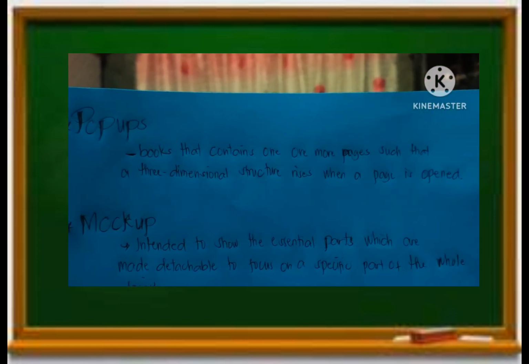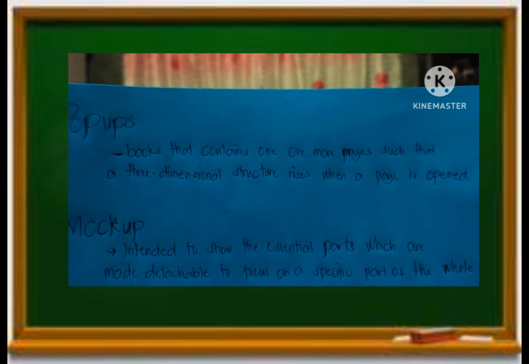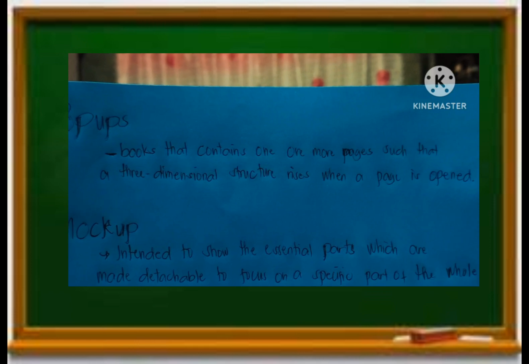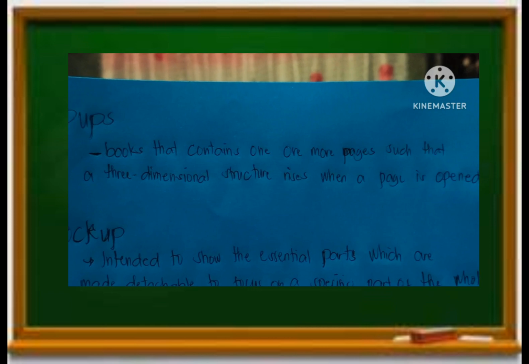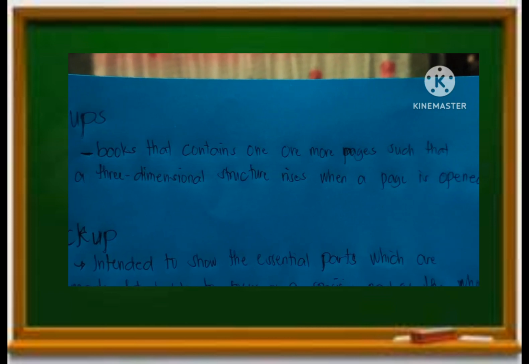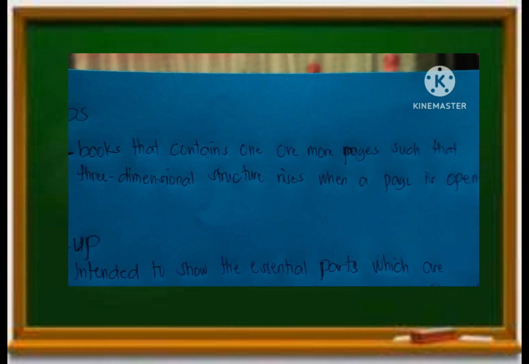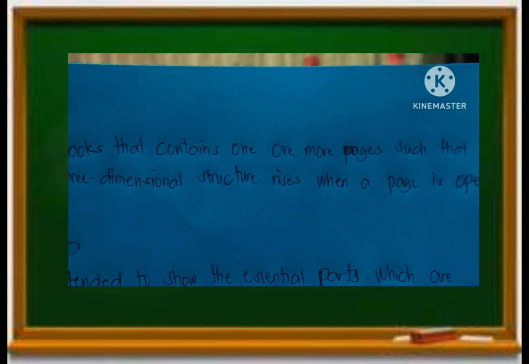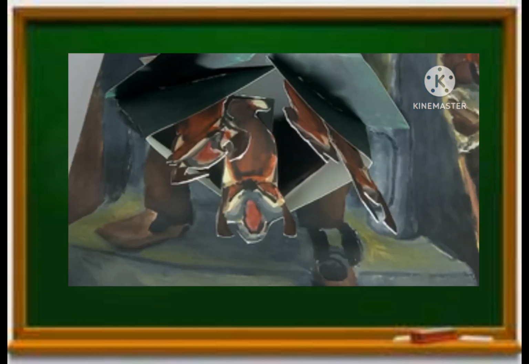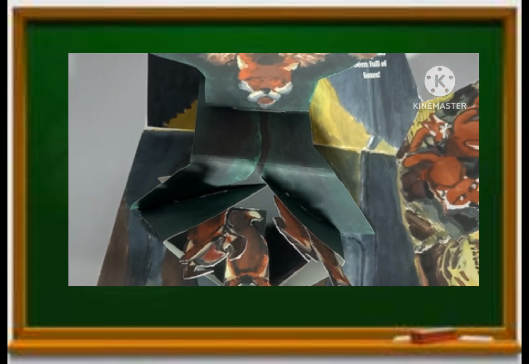And now we move on to pop-ups. Pop-ups are books that contain one or more pages such that a three-dimensional structure rises when a page is opened. For example, when you open a book, there is a structure, like an animal, plant, or other organism that forms. This is an example of the form of pop-ups as three-dimensional visual media.